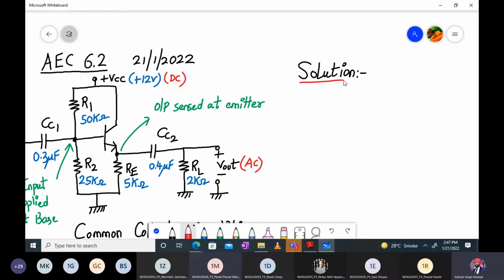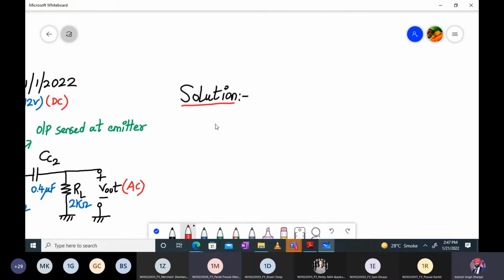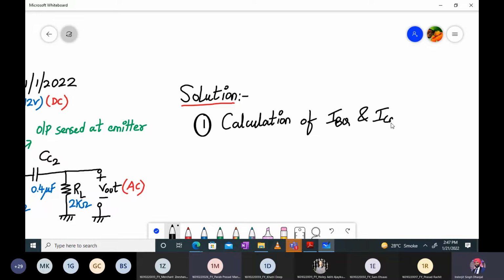But remember, RC is not there in the circuit. So first will be the DC analysis, or we can write calculation of IBQ and ICQ. Correct? So let's start.